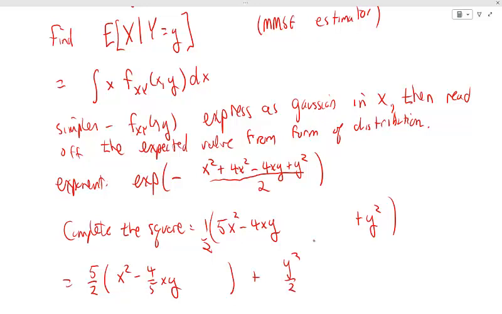Okay, now how do I complete the square here? Well, I want to have a term in y because I have my x squared term here. So that's going to be a plus 2y over 5 squared. Okay, and then to cancel that out, I'm going to have to subtract out here 5 halves times 2/5 y squared. So that's going to give me just 2y squared over 5.